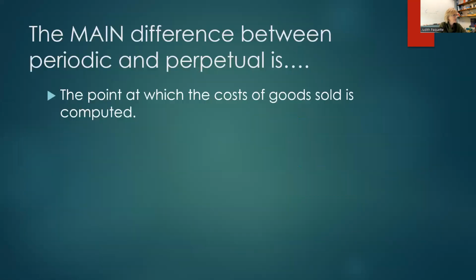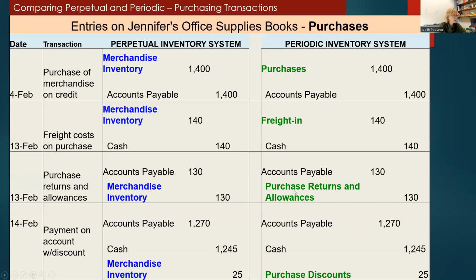So this is super helpful, and I just redid it from the book. Here's the purchases, debit inventory, credit accounts payable if you're doing perpetual. If you're doing periodic, it's debit purchases, credit accounts payable. Freight bill, debit inventory, credit cash. Periodic, freight in, cash.